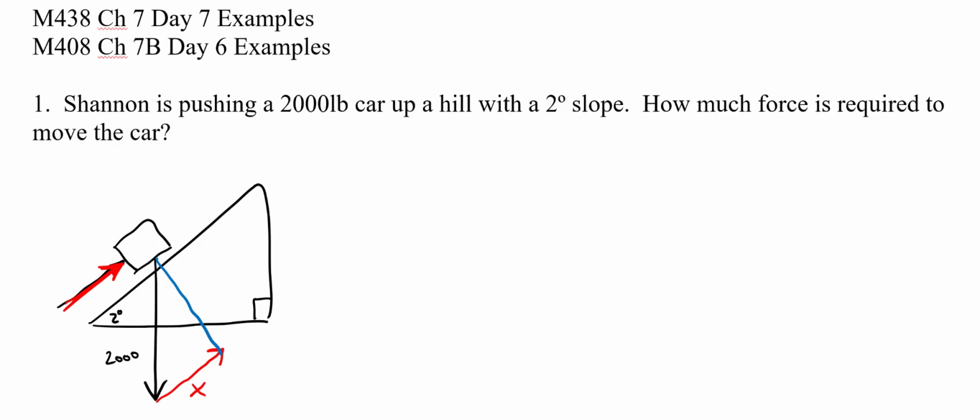Since these two lines are parallel, do you agree that these two angles are alternate interior angles? You've got two parallel lines here: the slope of that hill and the red arrow I drew on the bottom. So those are parallel, and those angles are congruent. The green angles are congruent.